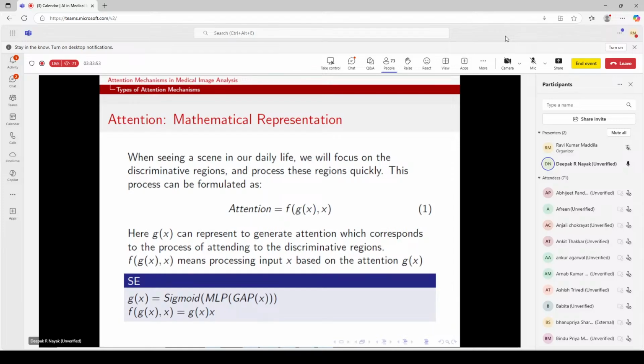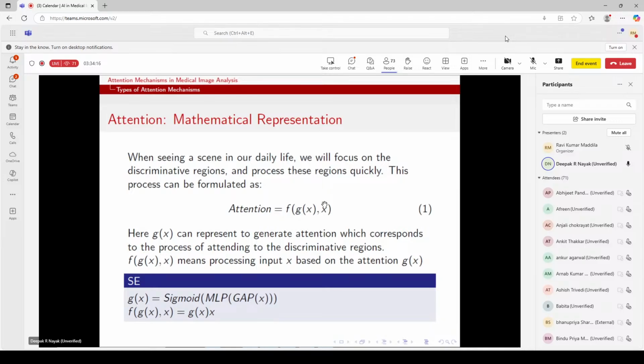What you are expecting is that after multiplication you get a refined version of the input. That will help us in attending to discriminative regions and suppressing the irrelevant regions. That is what we want here.